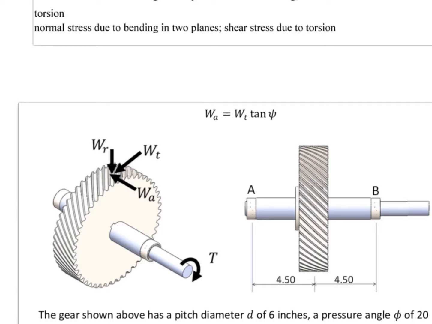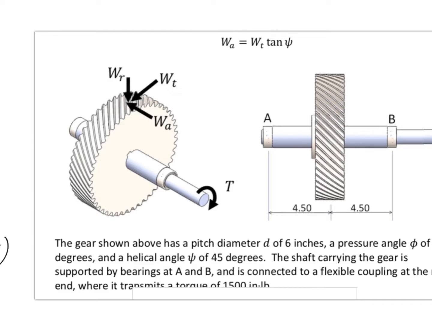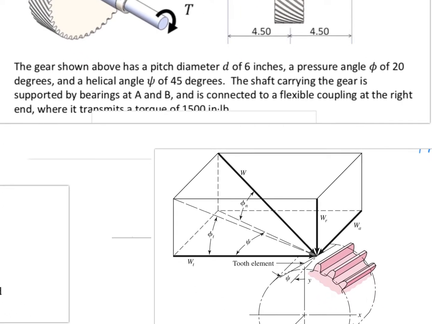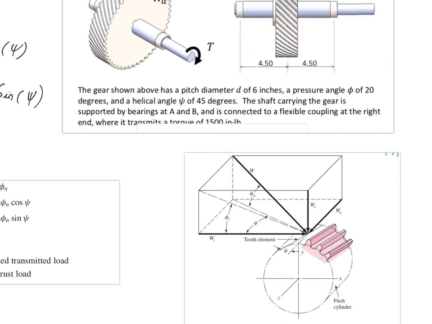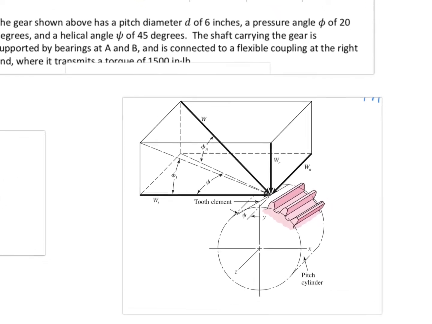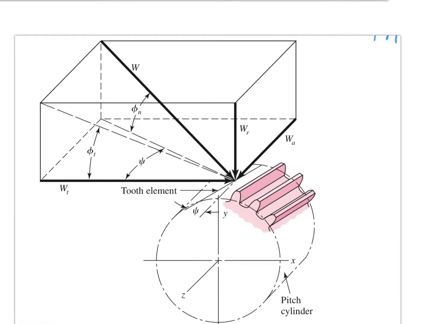Just to drive home a little more clarity regarding the different forces acting on a gear tooth. Here you can see this is the tangential force, which contributes to the power transfer.